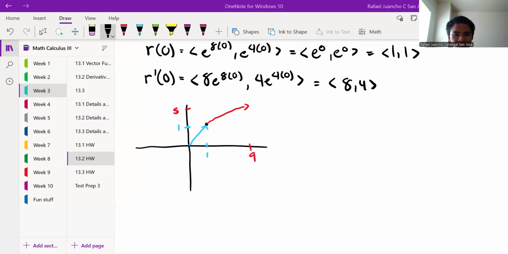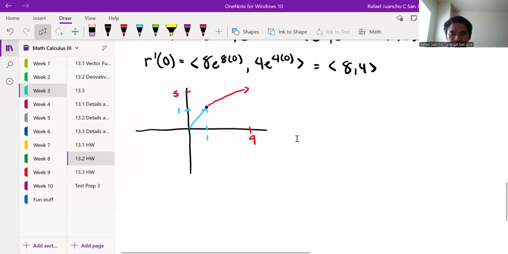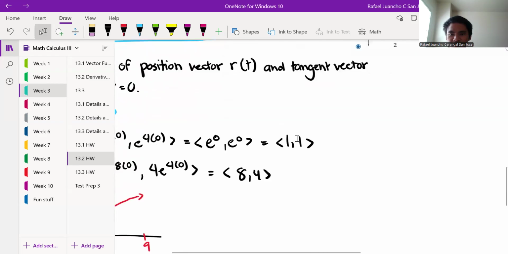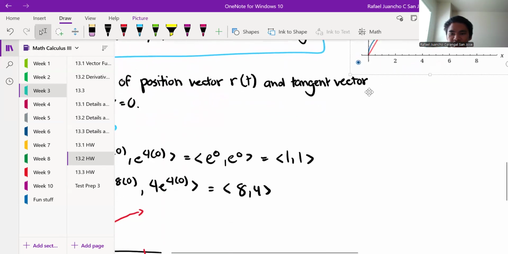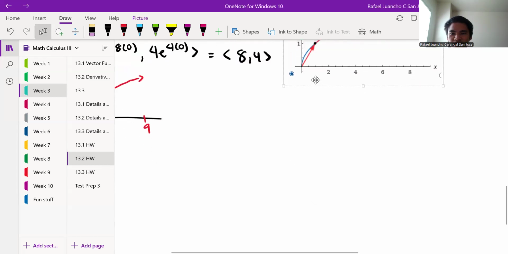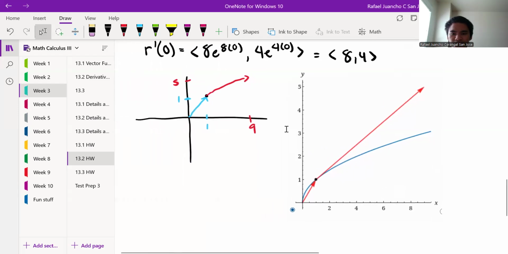So yeah, it should be like this. And let me show a curve. Oh, what happened? Oh, you're all the way over here. Don't know why you went all the way over there. Yeah. So that's the graph, how it should look.